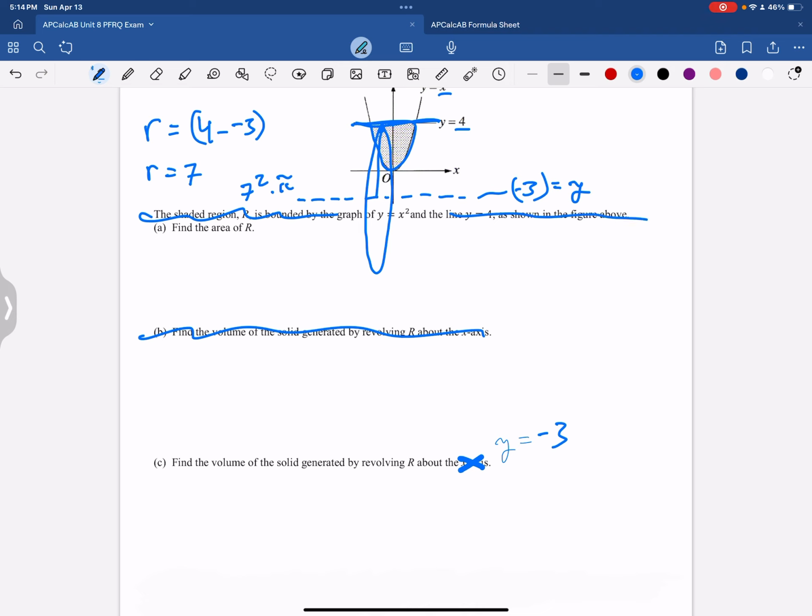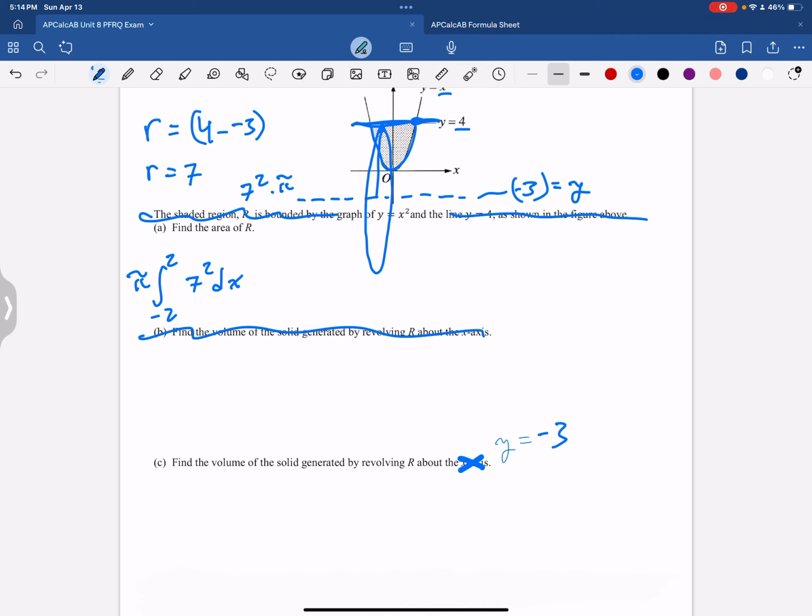We would sum all of the circles from -2 to 2, and we find -2 and 2 by seeing where these two curves intersect, which we found in another video. Then I would sum the radius squared and multiply by pi. I am being a little excessive here, but that would be the disk method just for the outer function.